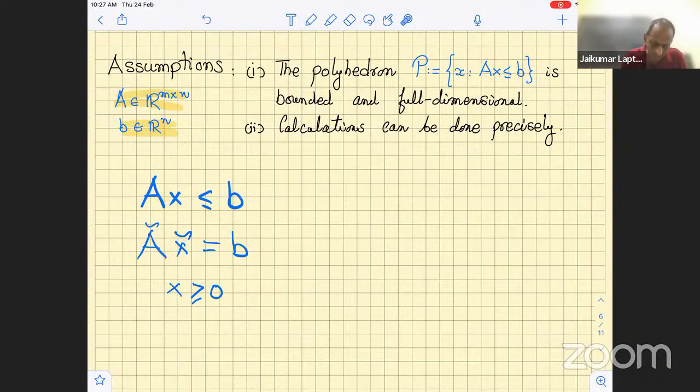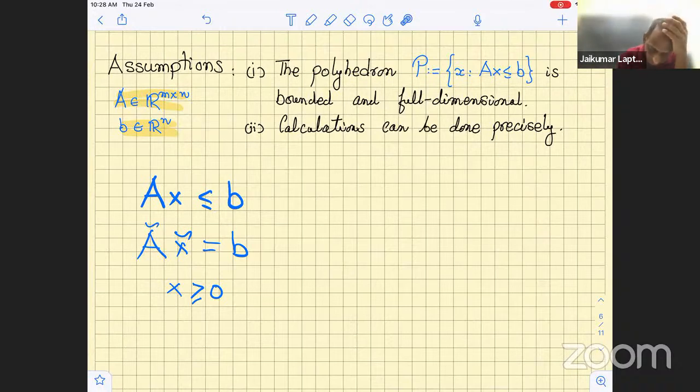If the original ones were bounded by some phi, maybe this is also bounded by phi. And now you can find this solution x tilde, and from that extract the solution x by doing Gaussian elimination, which is an efficient process. So you can conclude that if there is a feasible solution to this, then there is one where all coordinates are actually bounded.